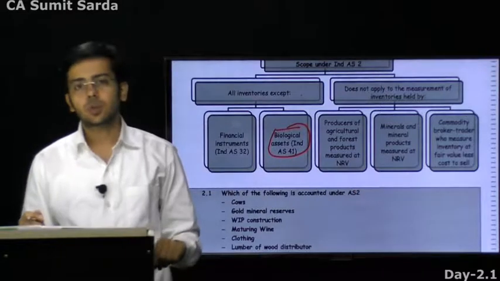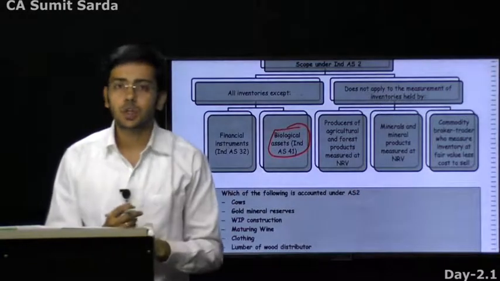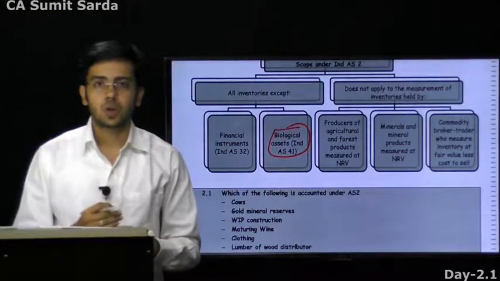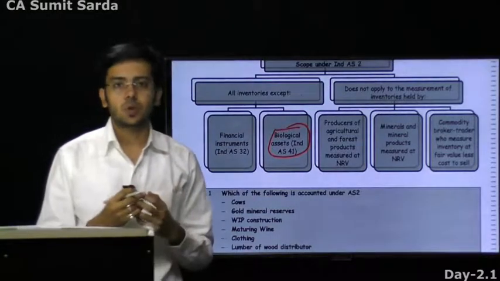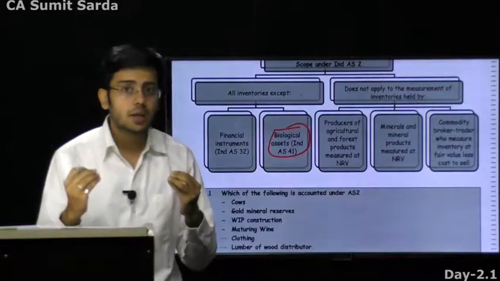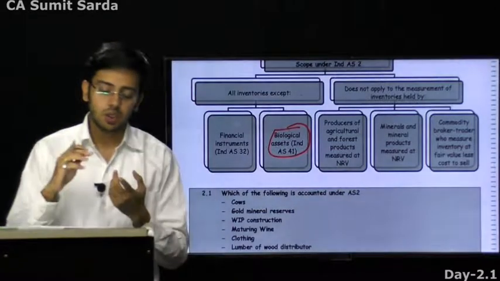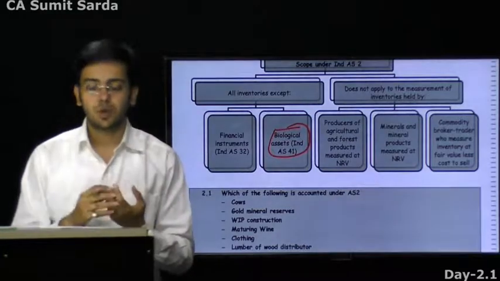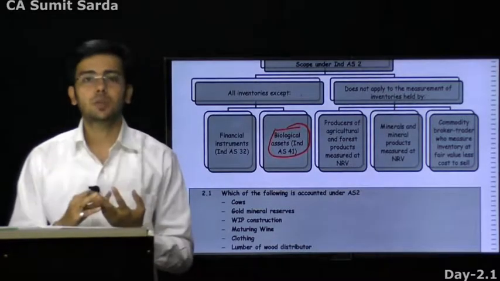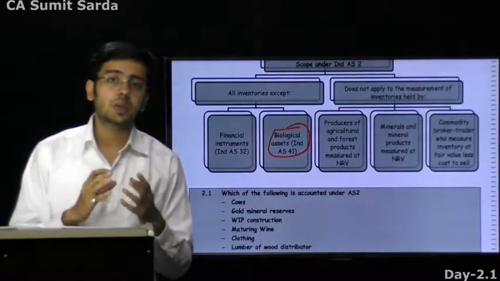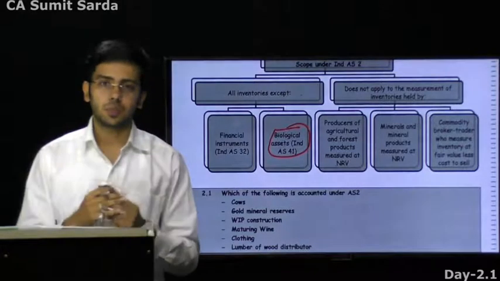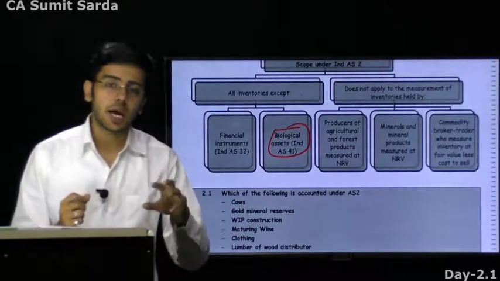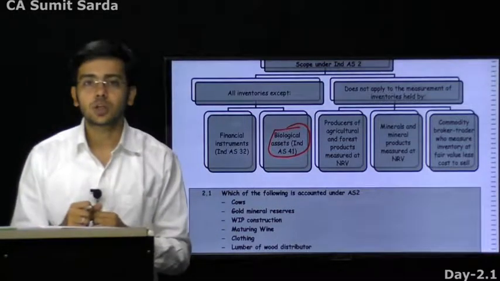Sir, what is Ind AS 41? There is a standard that has been included under Indian accounting standard which is related to agriculture. So any biological asset which we are using only for agricultural purpose, like we are using buffaloes and cows, we are using bulls, let's say, for agricultural purpose, for any animal that is being used for agricultural purpose, then we are not going to value such animals under Indian accounting standard 2.